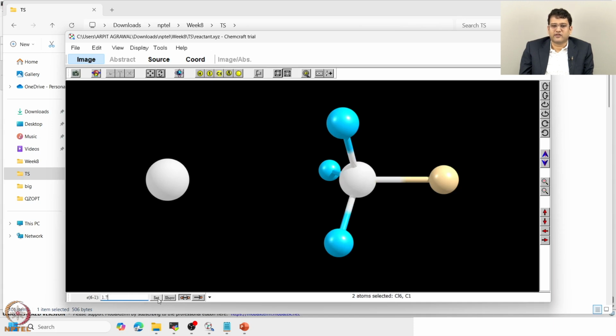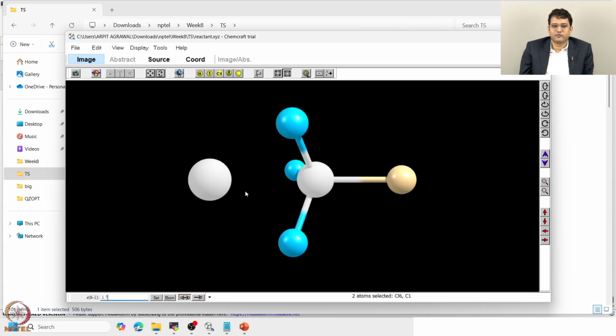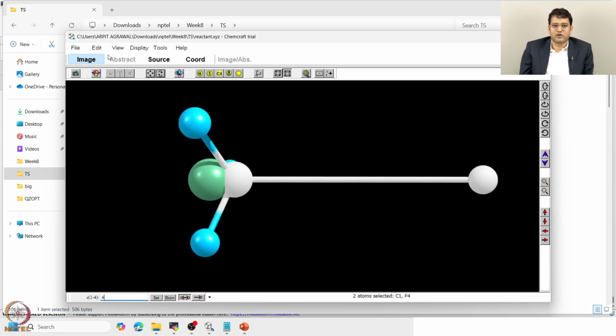So this is what I set, and I would increase this distance maybe to 4. Up top, this one has 4, this is fine.